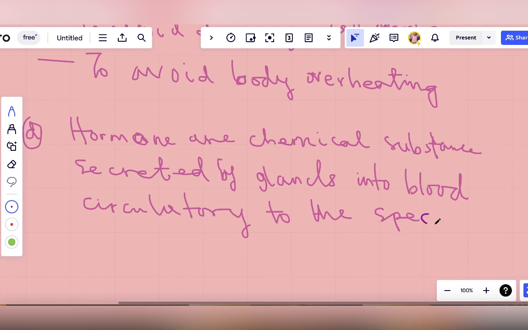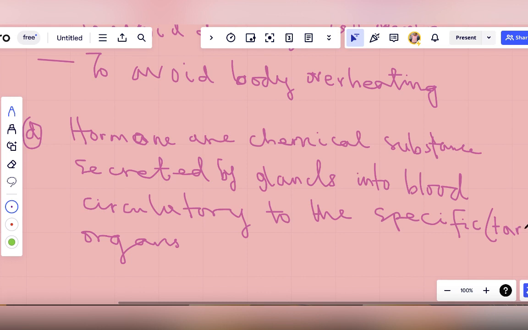Specific organs, to the specific organs where they need to act. Or you can say targeted organs. If you don't want to use specific, you can use targeted organs. The word targeted, I think it's more appropriate, but specific is also okay.